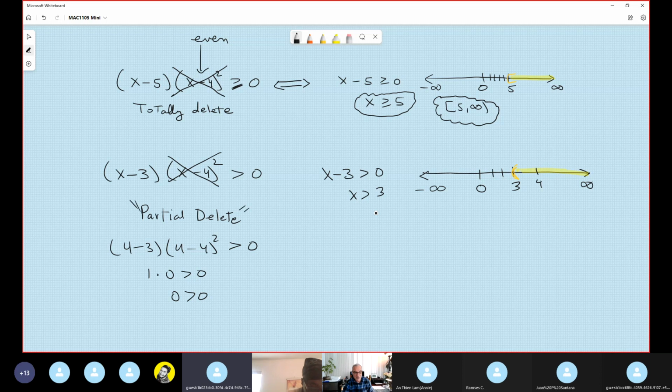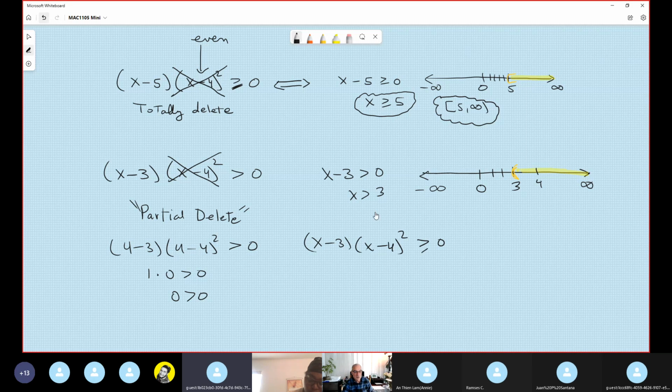What does partial delete mean? Well, I want to explain now. You copy the original inequality again, and you realize a partial delete. Why partial delete? Because you contain one factor that has an even exponent. This gives me a clue that it is delete, but partial or total, two categories. It is partial because we have no equal here.